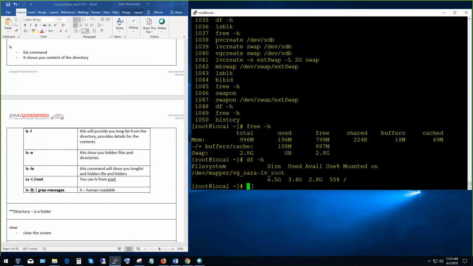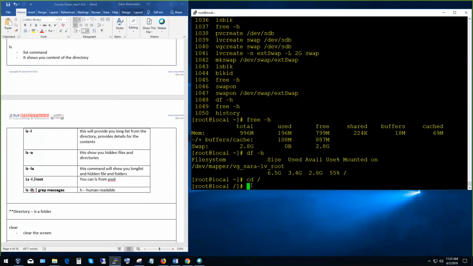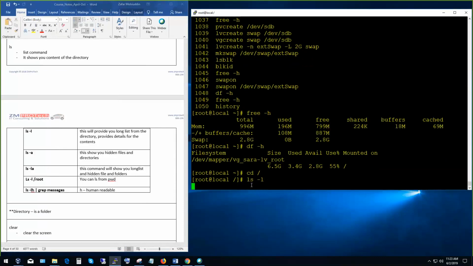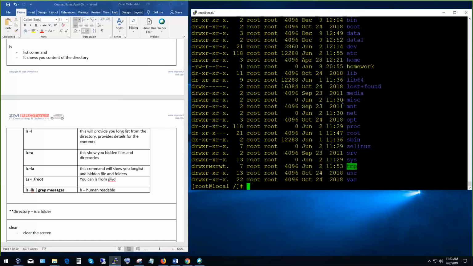So sometimes you will get in the production environment that you go into / and then you do ls -l. What some of the servers you will see is all this, especially the /opt is mounted on LVM. /opt will have its own LVM there.